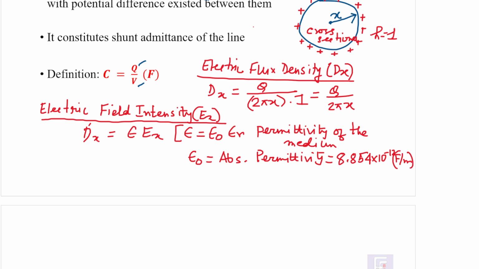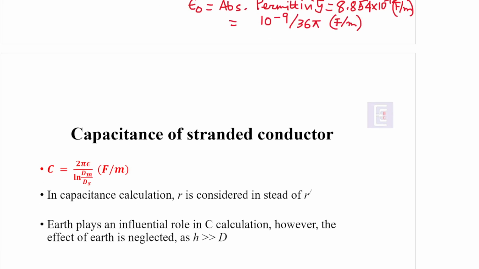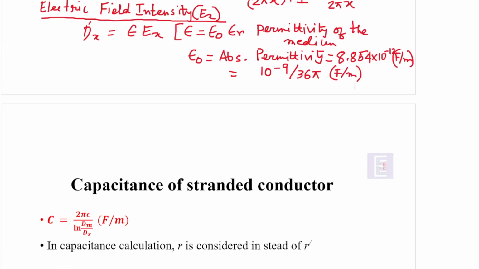Or in other words, it can also be written as 10 to the power minus 9 by 36 pi farad per meter. This is what we have as epsilon naught, the absolute permittivity. Now what is our relative permittivity? Relative permittivity is equal to 1 for air.